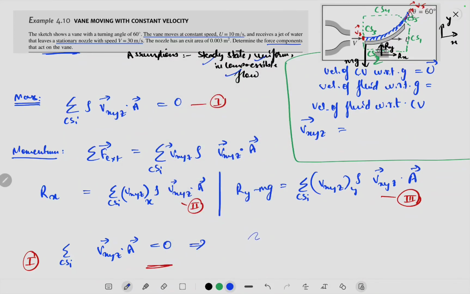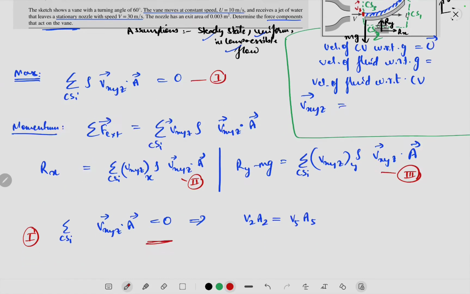This equation will be V2 times A2, and since this is an inlet, this will be minus, plus V5 times A5 equal to 0, which I can also write as V2 A2 equal to V5 A5, where A5 is the area of this surface.